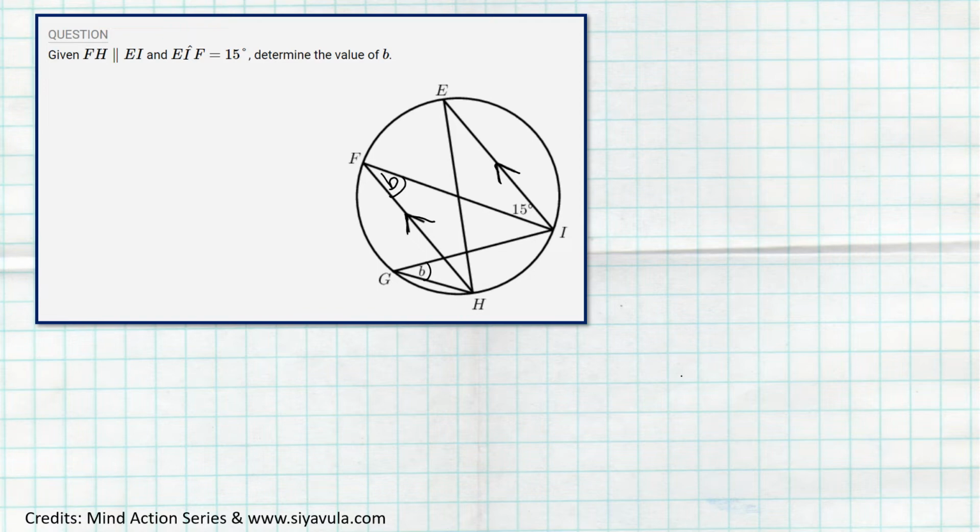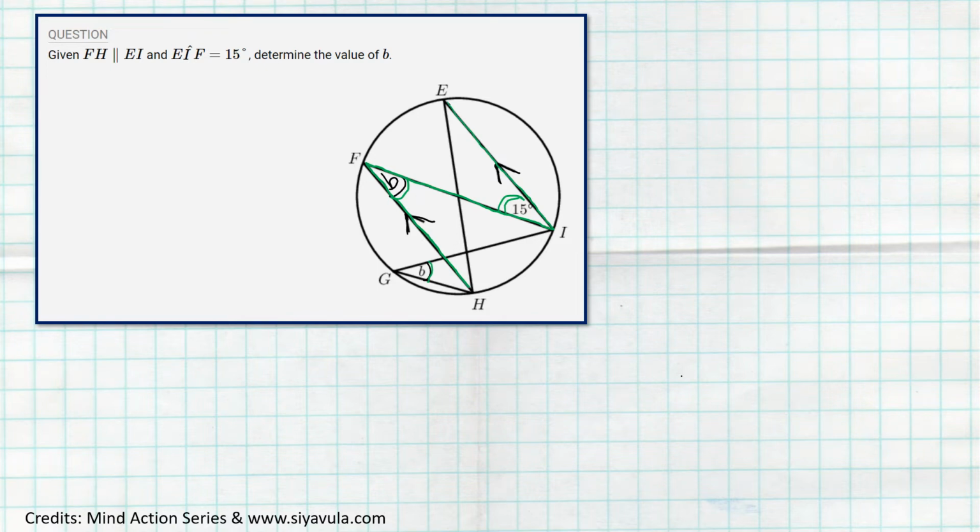Because we want to solve for B, what can we use? Can you see there is something like a Z there, that incorporates B with another angle? So we have to be thinking of alternate angles. Then we can deduce that angle B is also 15 degrees.